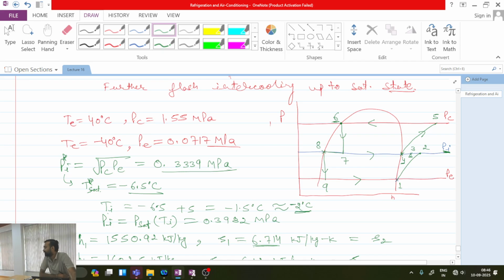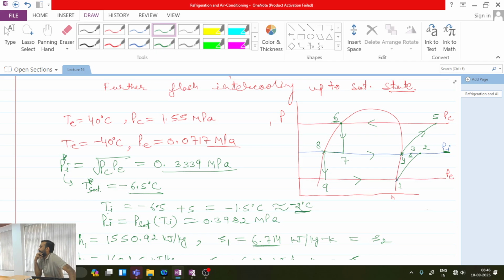Okay, so try to calculate. Or what you can do, because my numbering is the same, refer to your notes and see what relation I have given between M dot HP and M dot LP. What was the relation?